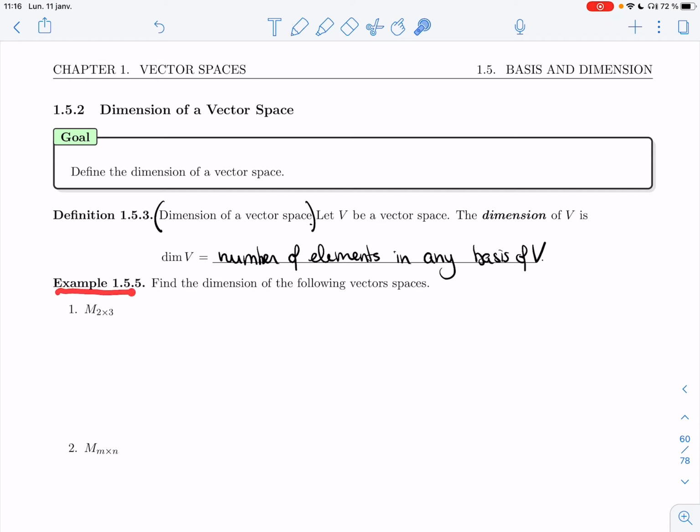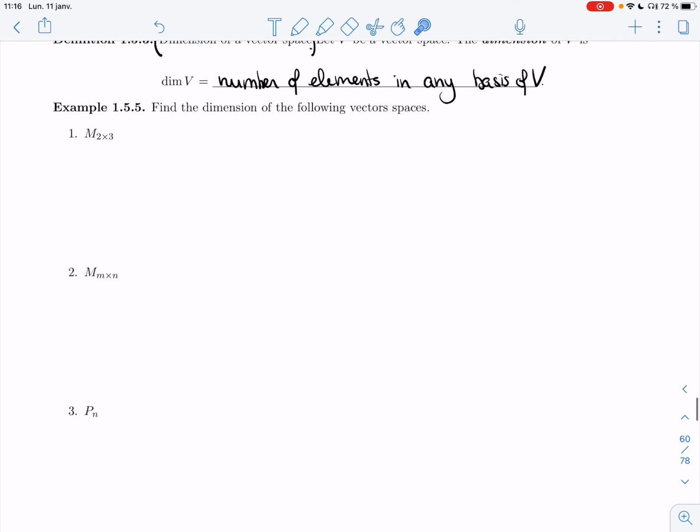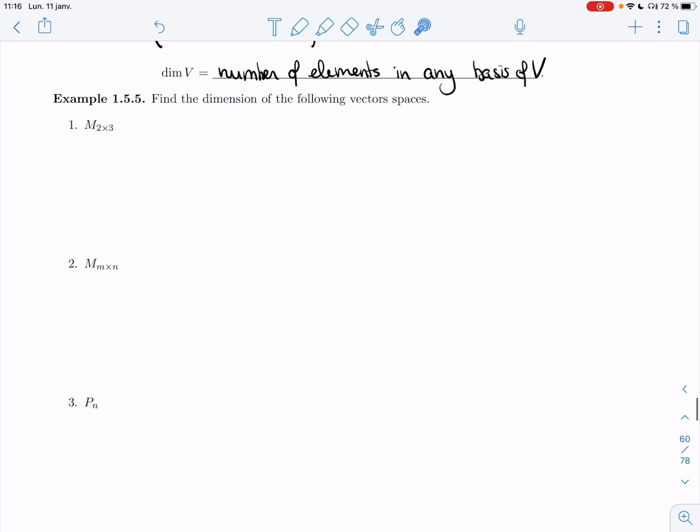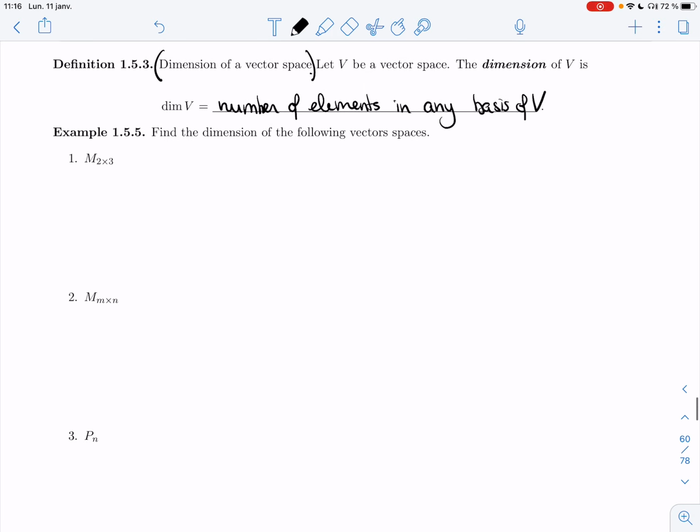Let's do example 1.5.5, find the dimension of the following vector spaces. To be able to do that, I need to be able to find a basis for any of them, but for these we have a standard basis that will work. So a basis for 2 times 3 matrices, I'm going to take each entry.